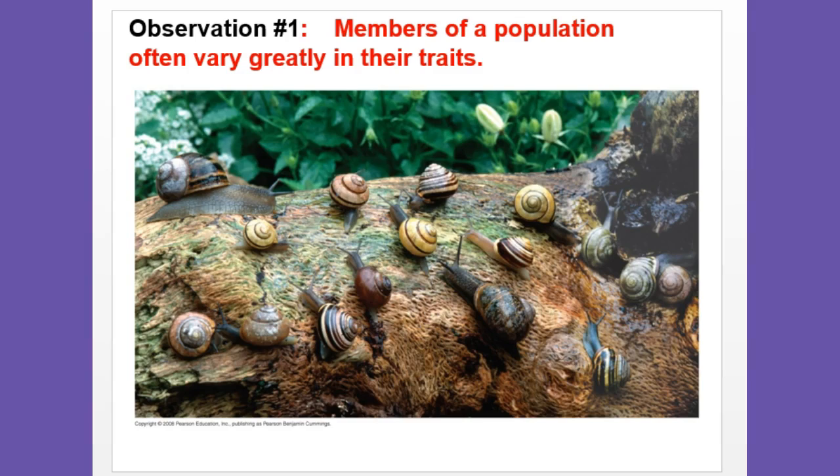To the extent that these different colors and banding patterns in the snail population can be inherited is the extent to which they can be acted on by natural selection. So the first thing that he observed is that members of a population often vary greatly. All these snails are in the same population, however they do vary greatly in their appearance.